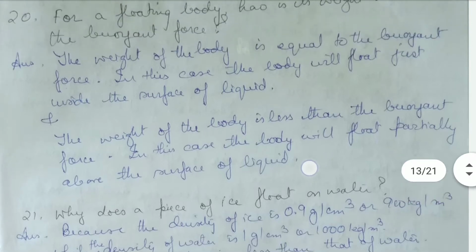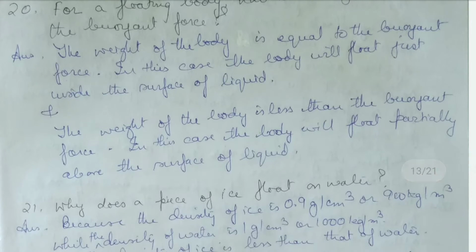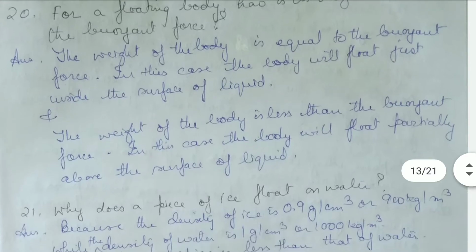In the first case, the weight of the body is equal to the buoyant force, and the body floats just below the surface of the liquid. In the second case, the weight of the body is less than the buoyant force, and it floats partially above the surface of the liquid.